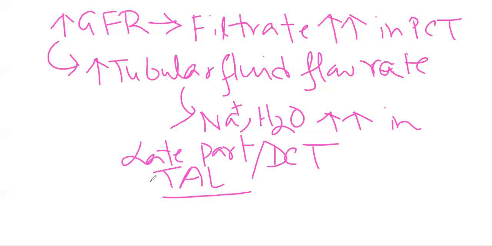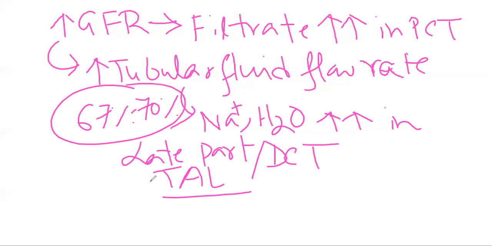So normally, under normal circumstances, if GFR is normal, then almost 67 to 70% of this sodium ion and water is reabsorbed via the proximal convoluted tubule, which is part of the glomerulotubular balance mechanism.